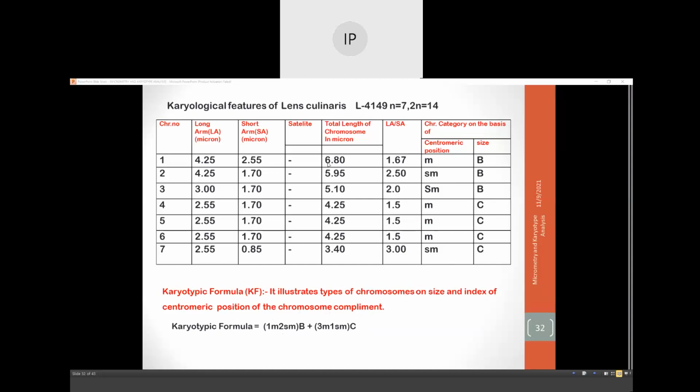The largest chromosome is 6.80 and the smallest chromosome is 3.40. Now let us see what the karyotype category will be according to this data and how the ideogram will be formed.